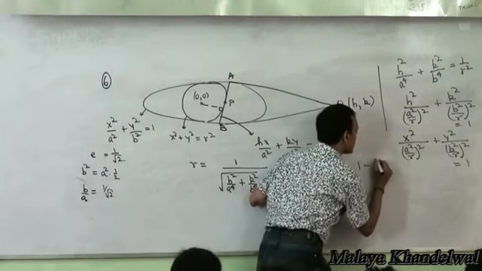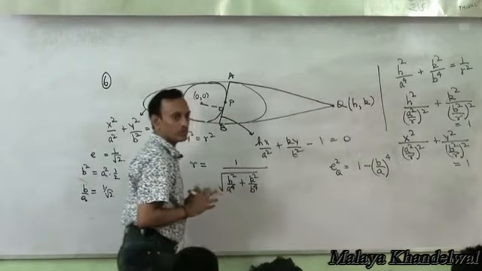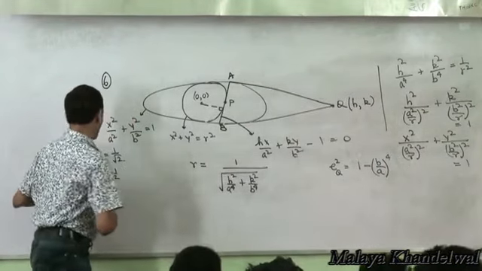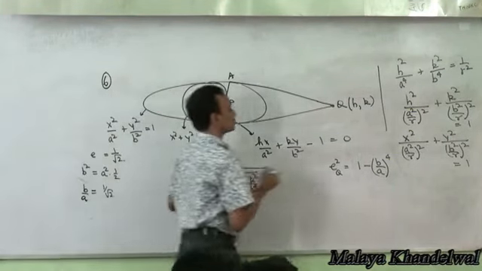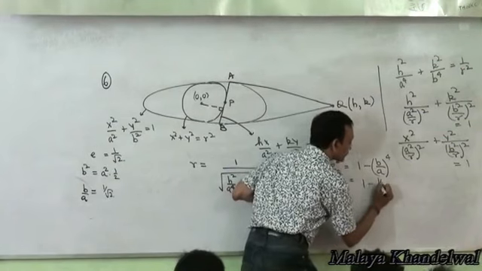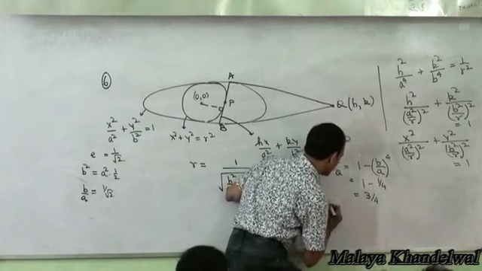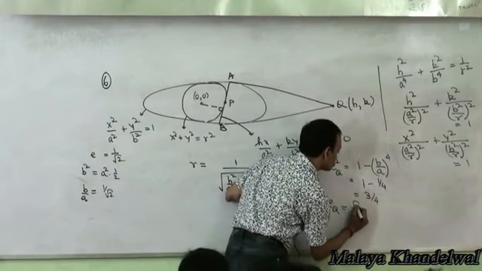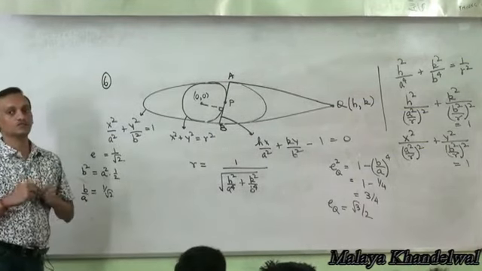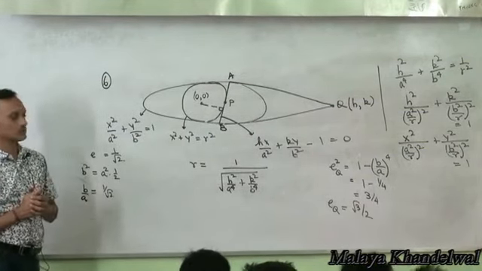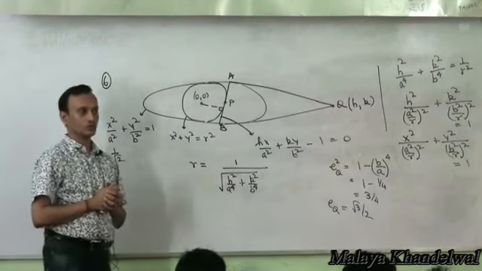This by this is b by a whole to power 4. b by a whole to power 4 would be 1/4, right? So 3 by 4. The eccentricity of the ellipse formed out of various Q's is root 3 by 2. Is it okay?